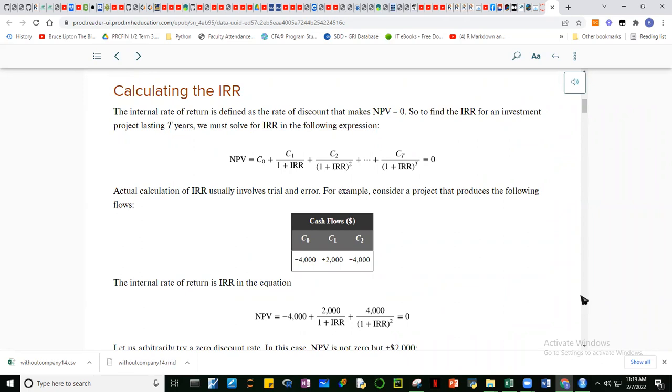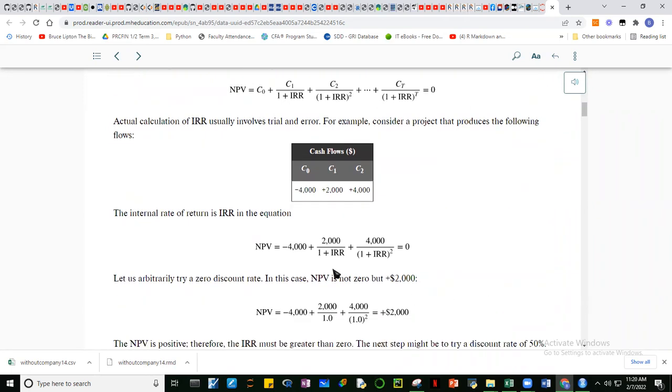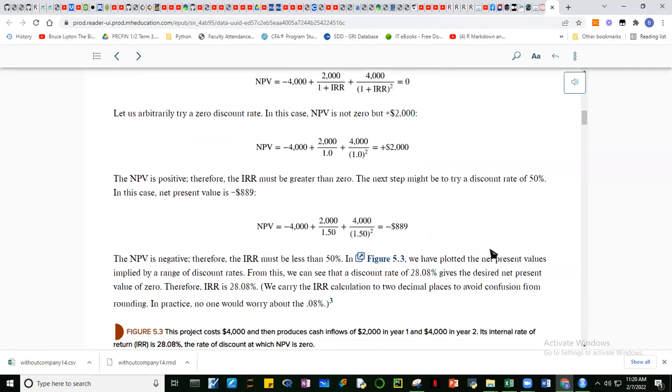Trial and error. No? Trial and error yung approach yan. Kasi yung IRR is that rate of return where your net present value is equal to 0. Okay, so magka-trial and error tayo, hahanapin natin ano ba yung rate of return where the net present value is equal to 0. Okay, so that's your IRR.